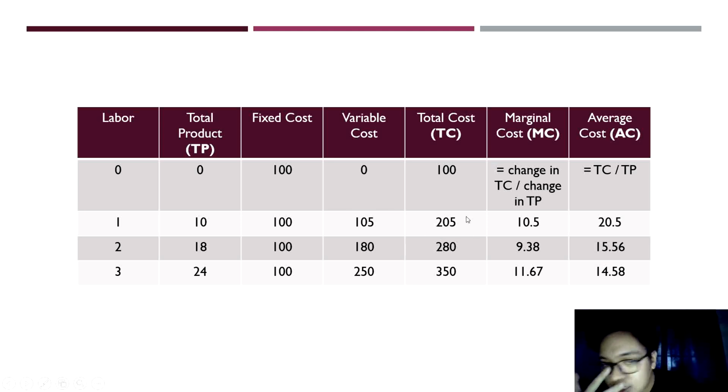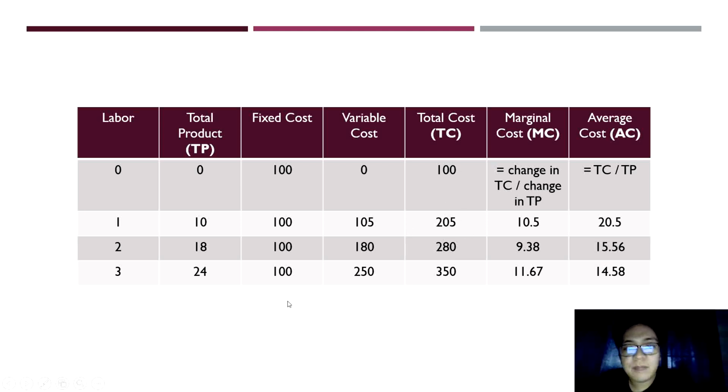So in order for us to determine the marginal cost, we have to determine first the change in total cost and the change in total product. So para makita natin yung change na magaganap, same lang din doon sa previous table natin, we just have to subtract the current TC that we have doon sa previous TC bago siya, which is in this case 100 yung total cost bago mag 205.